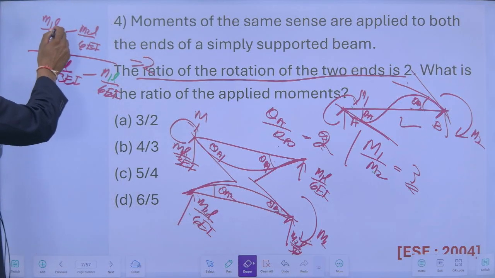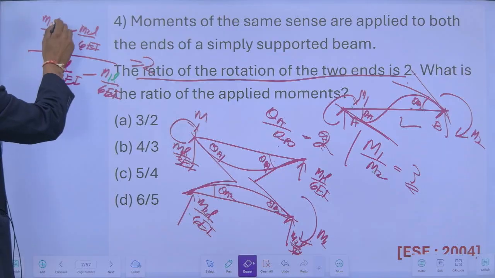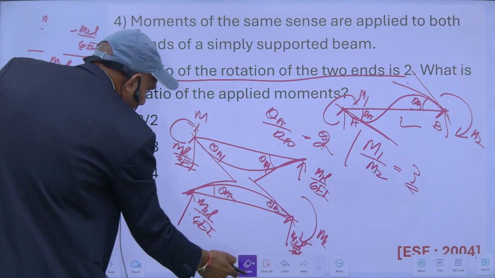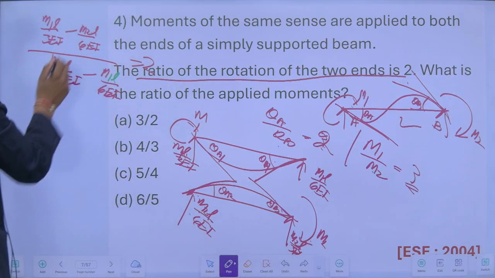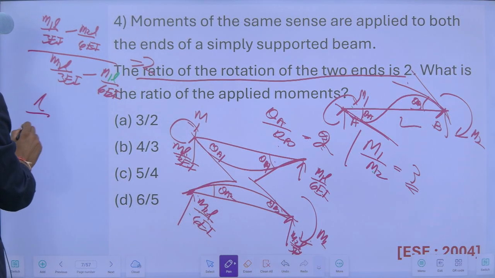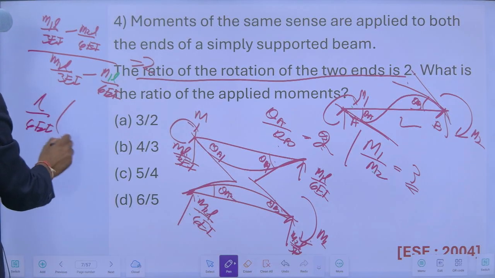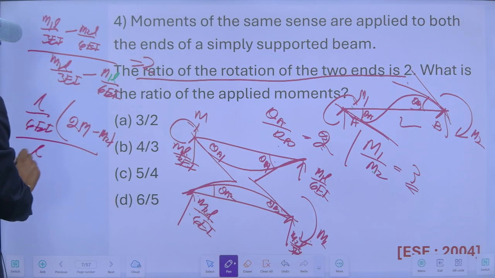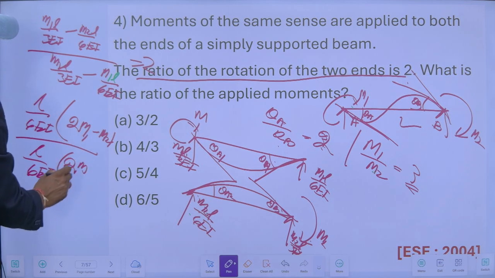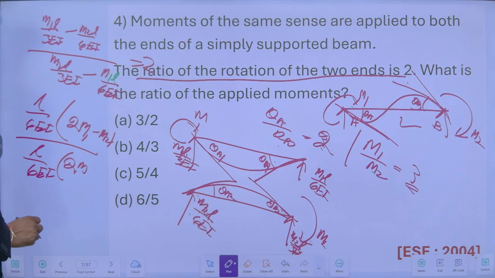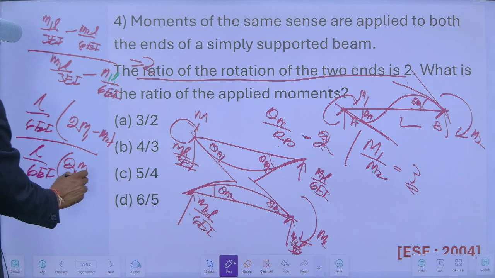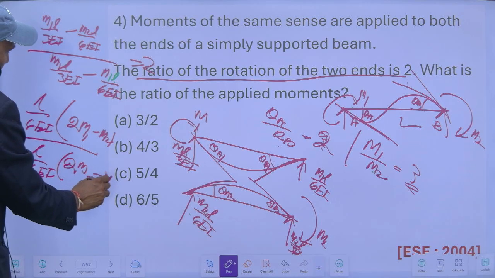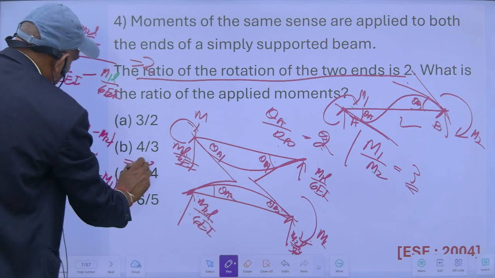So L upon 6EI you can take common. It will be 2M1 minus M2. Similarly, L upon 6EI common. It will be 2M2 minus M1, and this ratio is 2.